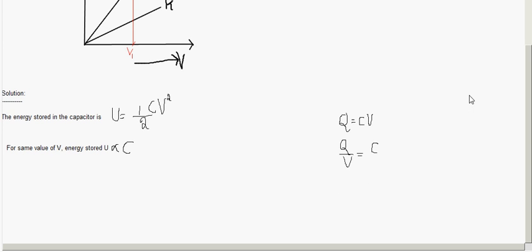We can write the slope of Q-V graph of a capacitor gives the capacitance.